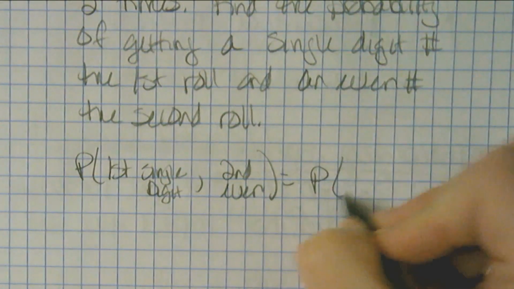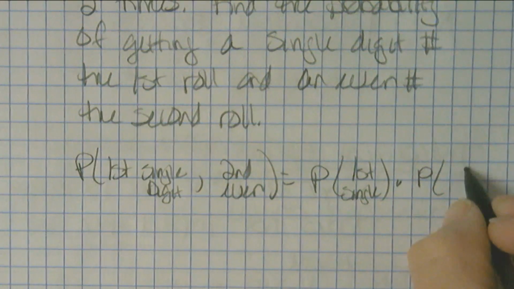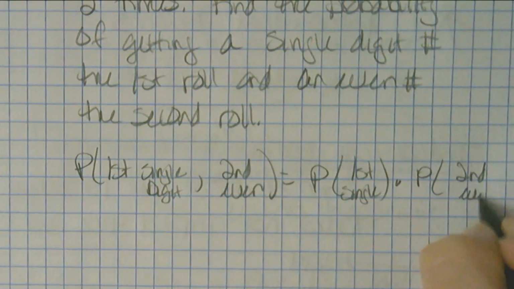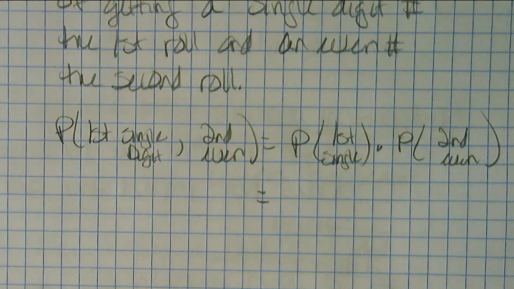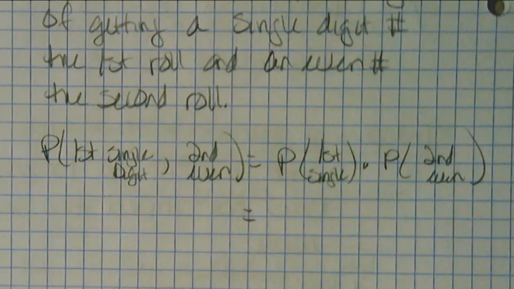So it's the probability of first single times the probability of second even. There's my formula. All of you do it, please. You have a 30-sided dice. Chris, can you read it?